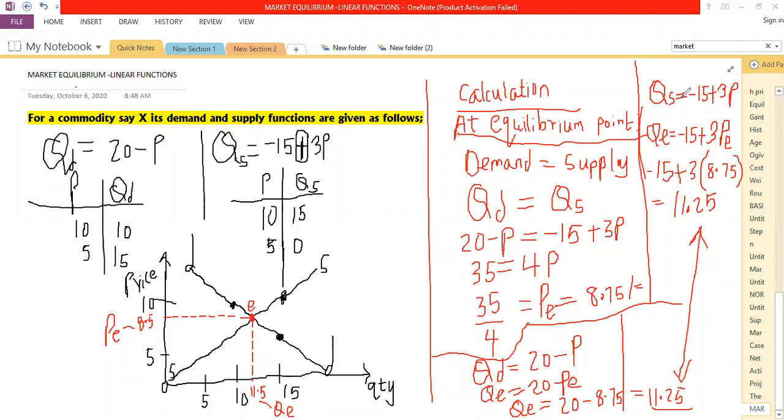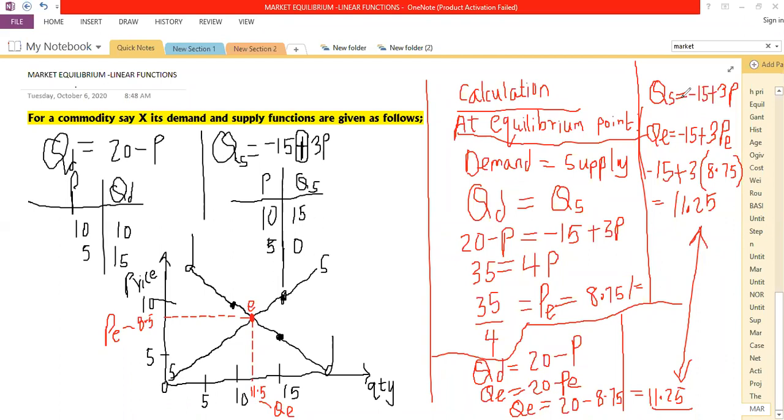Then through the calculation, the condition for equilibrium is that demand must equate to supply. So bring the two equations, you relate them, whereby you'll be able to identify one of the variables and you substitute the figure so found in either the demand or supply functions to come up with the other variable.